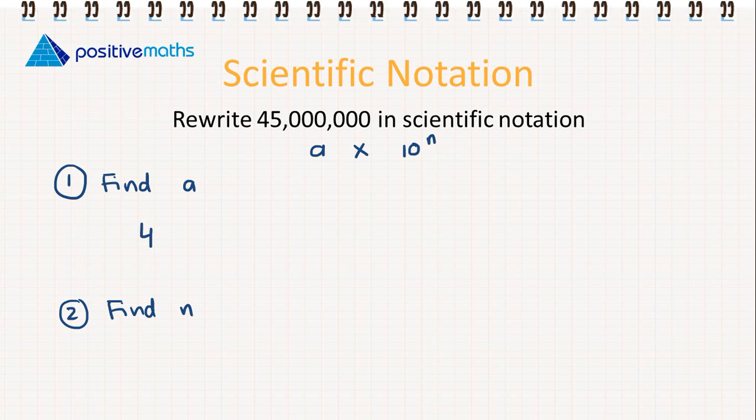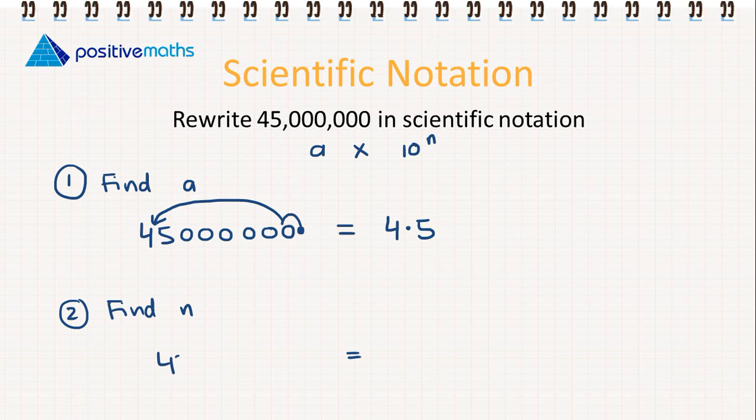So 4,500,000. The first thing we're doing is finding our a. We're going to move the decimal point from the end to in between the 4 and the 5. So 4.5 is our a.